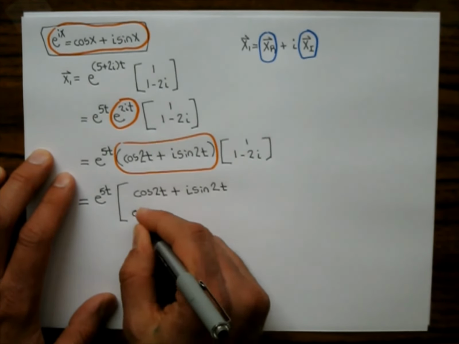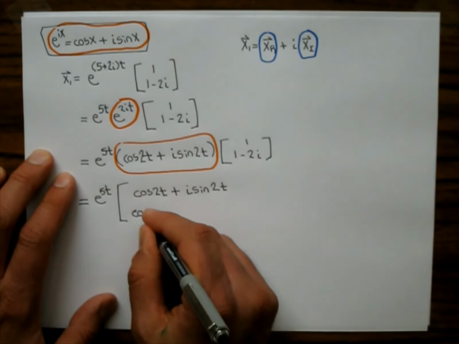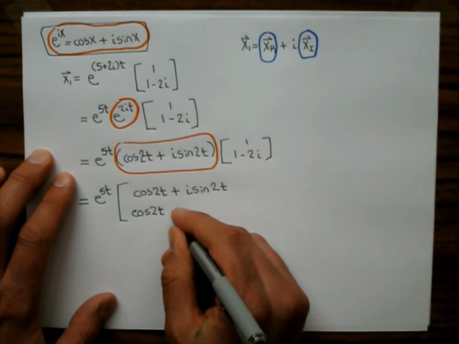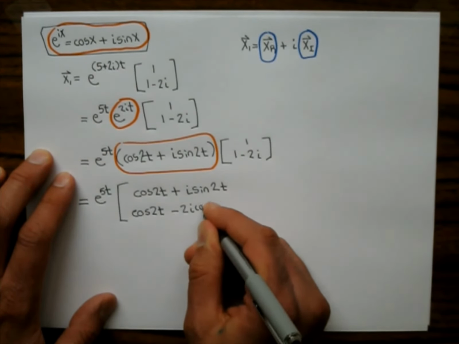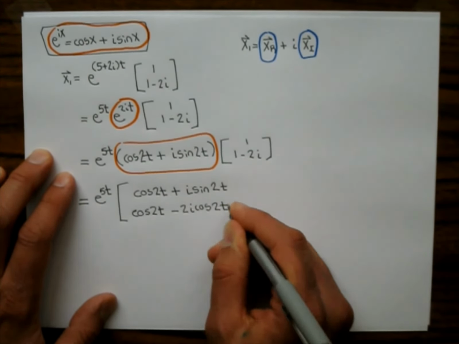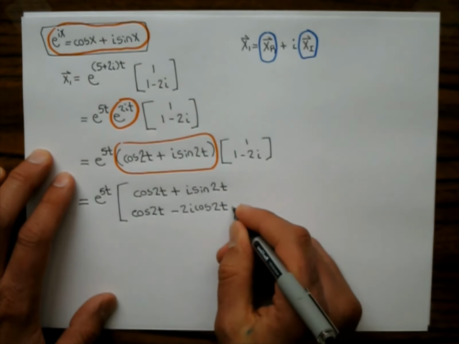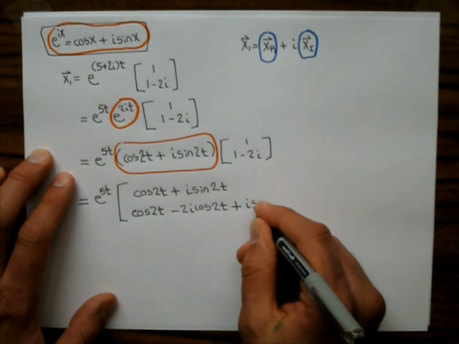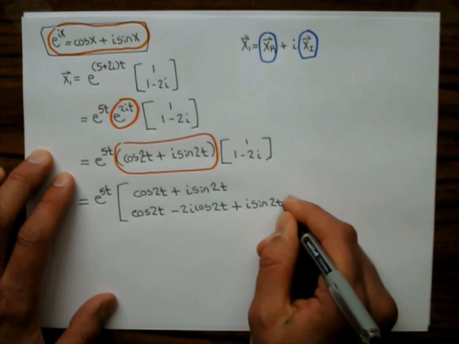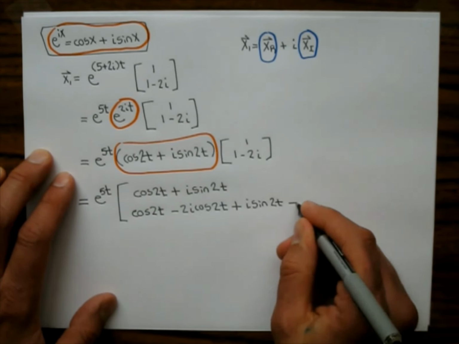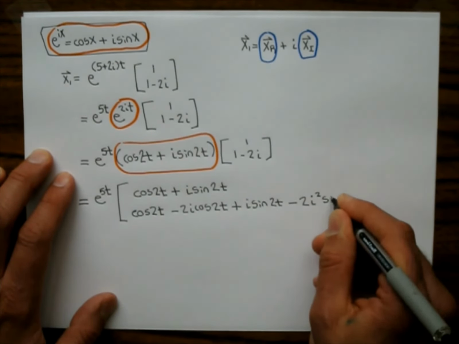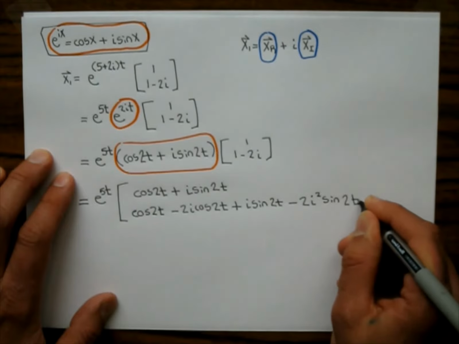First, cosine 2t times 1. Outside, cosine 2t times negative 2i, so this is negative 2i cosine 2t. Inside, which is i sine 2t times 1, so i sine 2t. And then last, which is negative 2i squared sine 2t.